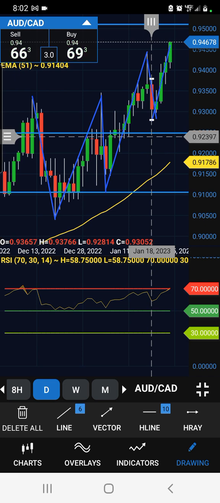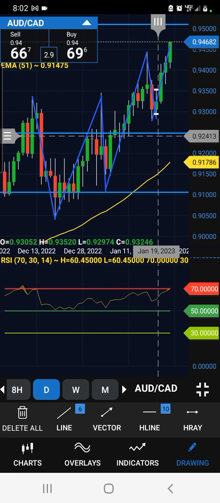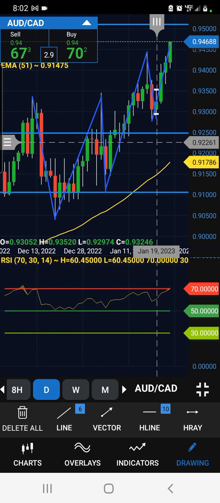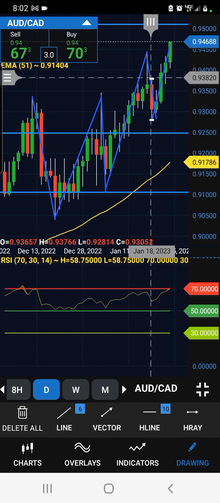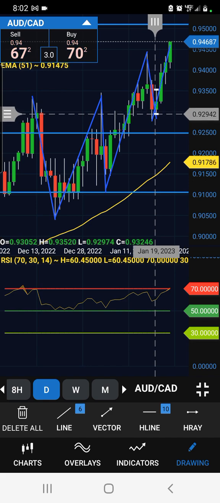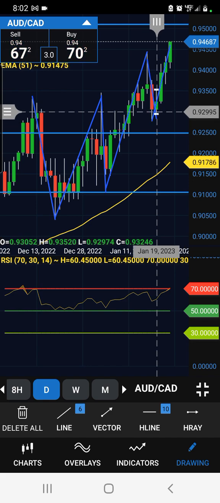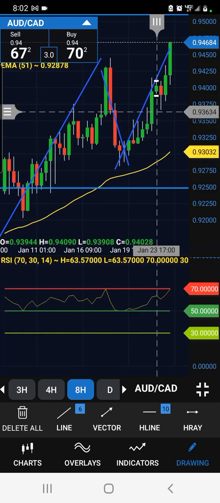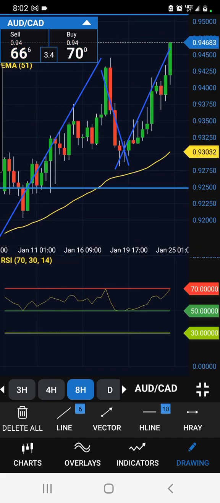And then I got this bullish candle right here, which showed me that price was no longer going down like it was, but that it started to go up. So I went to a lower time frame. Let's see which one it was.